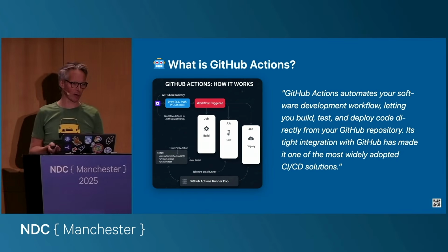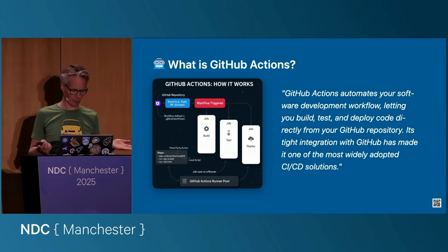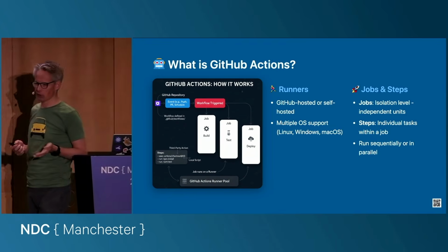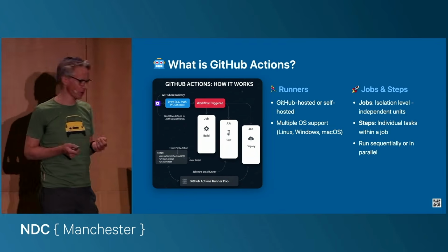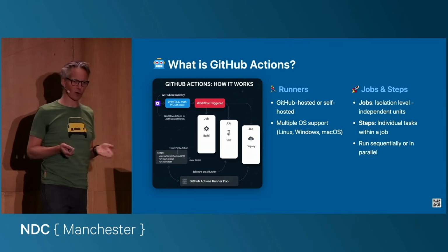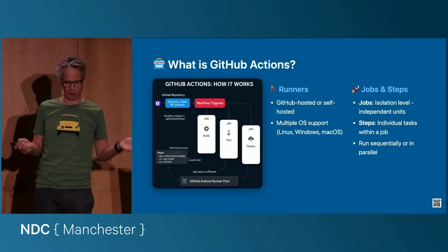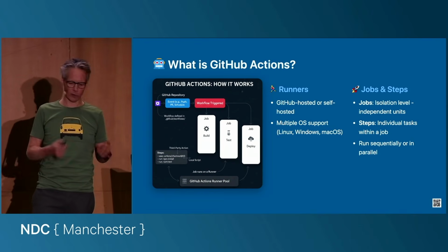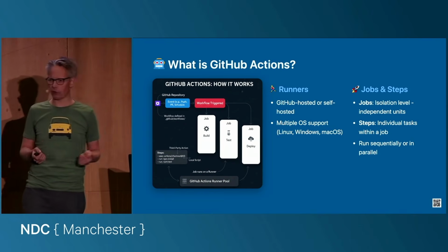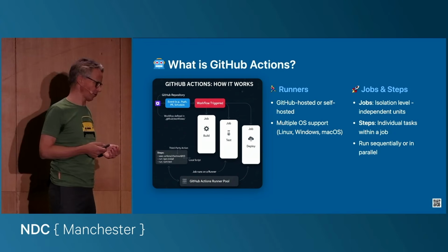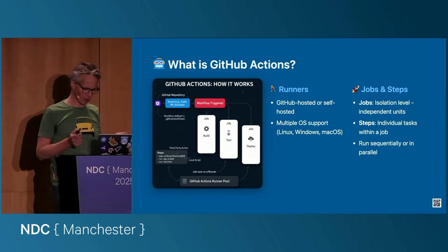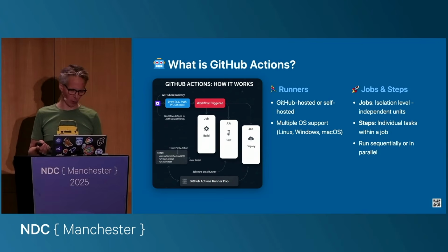You define the workflow as code in your repository. There are a couple of things that we need to understand about GitHub Actions. To run a workflow, it needs to run somewhere. So you have something called runners, and you can host them yourself on your own infrastructure, which is called self-hosted, or you let GitHub host them. Those runners are processing the jobs.